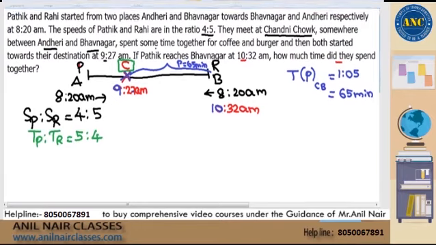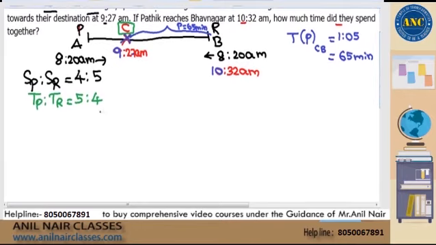Can I say that the time ratio is nothing but 5 is to 4? What is the meaning of 5 is to 4? According to ratio, Patik is taking 5 minutes to travel from C to B. According to the question, Patik is taking 65 minutes to travel from C to B. 5 into 13 is 65. 4 also multiply by 13. 4 into 13 is how much? 52 minutes.